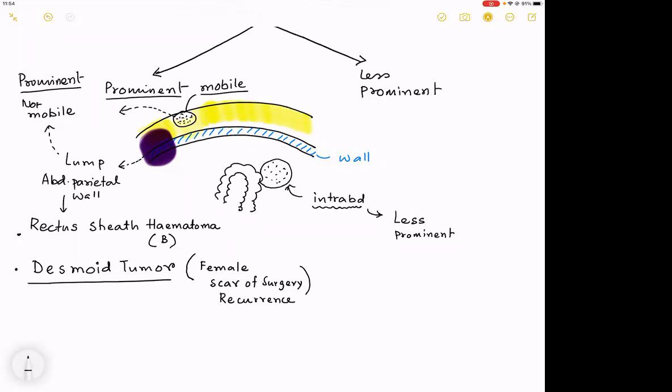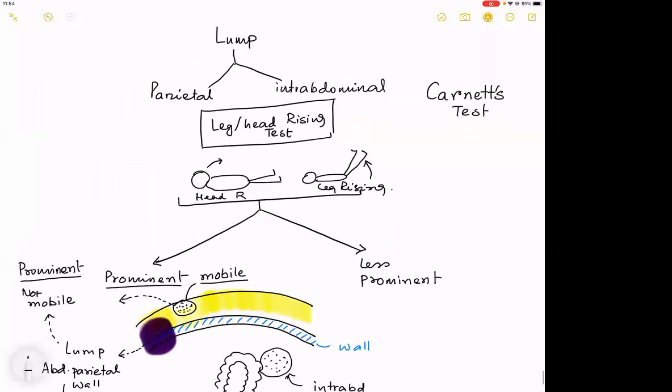Have I made you understand this? Can you repeat? Okay. If it is arising from the yellow colored structure, what is this yellow colored structure that I have drawn? This is the subcutaneous fat. If there is a lump that arises from the fat, say for example a lipoma, what is going to happen? What is the test that you have done?